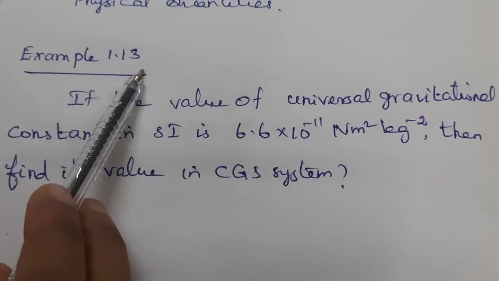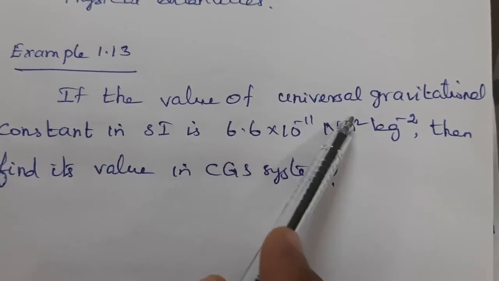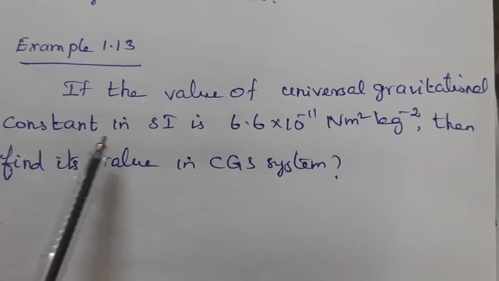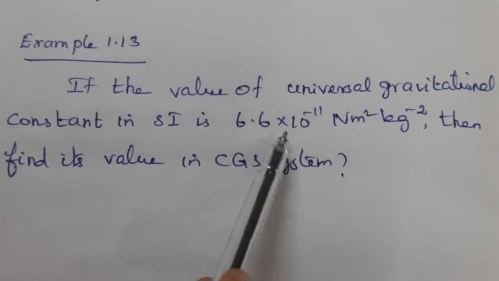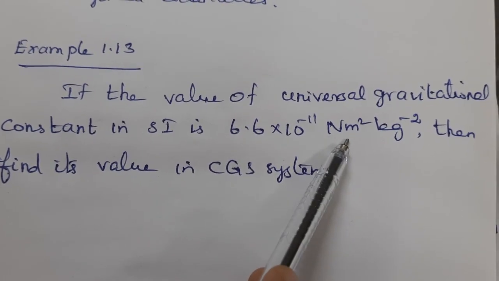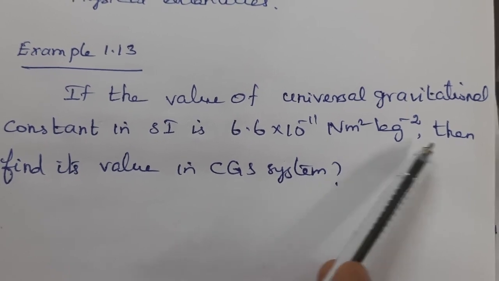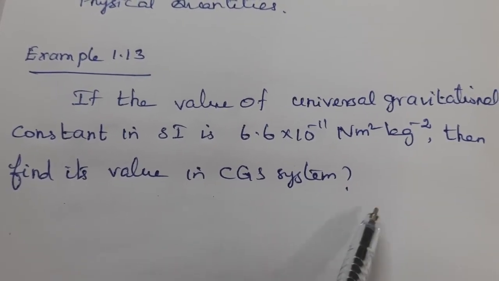Example 1.13. If the value of universal gravitational constant in SI is 6.67 into 10 power minus 11 Newton meter square kg raised to minus 2, then find its value in CGS system.